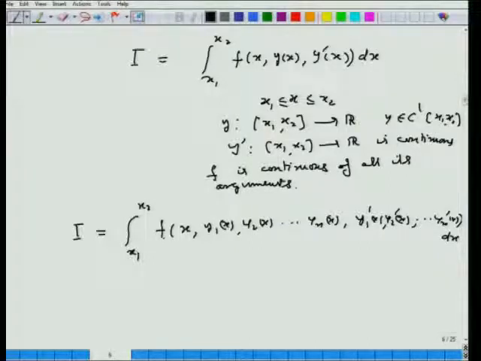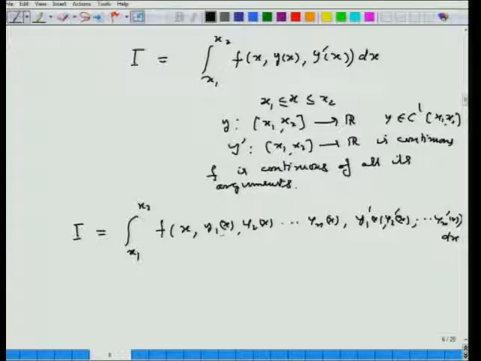So here f will be a continuous function of all these arguments, and x is an independent variable, and y1, y2, yn are dependent variables, and these derivatives are also appearing here. So again the problem of calculus of variation is to find these functions y1, y2, yn such that this integral has either minimum value or maximum value depending upon the problem posed here.